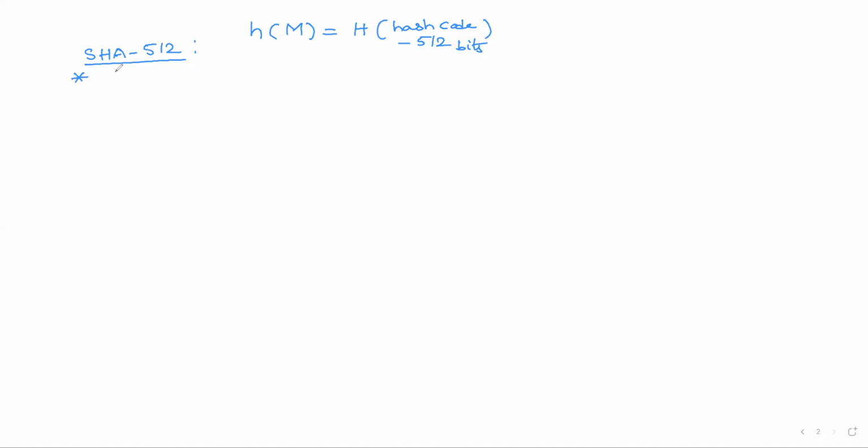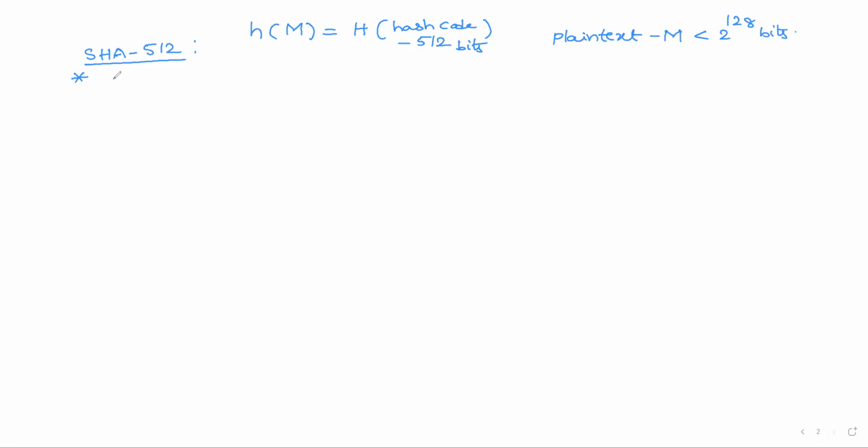First, you observe the plain text, the maximum plain text size. Generally, we represent it with M. What is the size? It is less than 2 power 128 bits, a very, very big number.